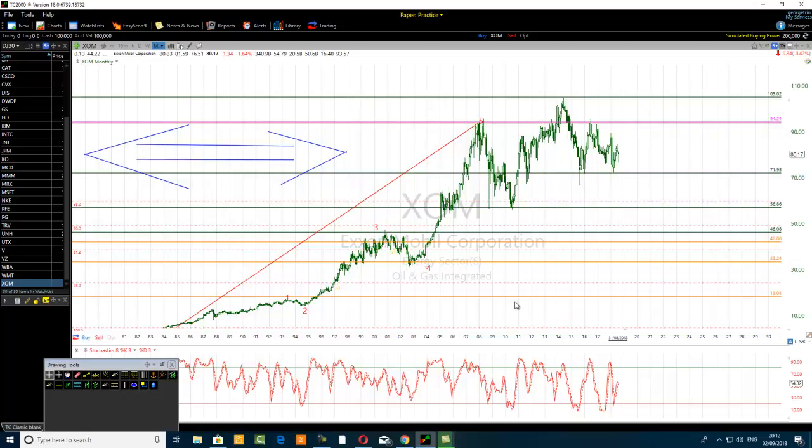So if you accept my wave count, we are now in the corrective wave 1, 2, 3, 1, 2, 3, and we are expecting 1, 2, 3, 4, 5, something like this in a normal correction.